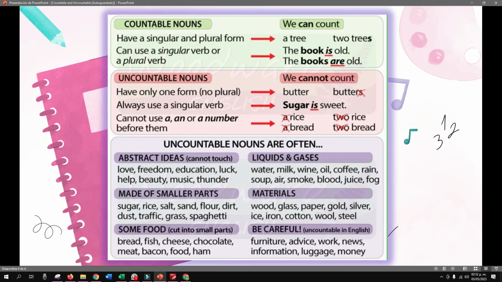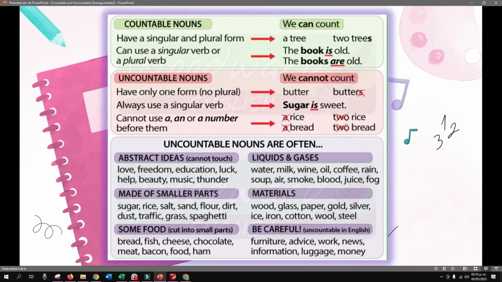Also liquids and gases like water, milk, wine, oil, coffee, rain, soup, earth, smoke, blood, juice, fog, right? You cannot count them. That is uncountable, right?